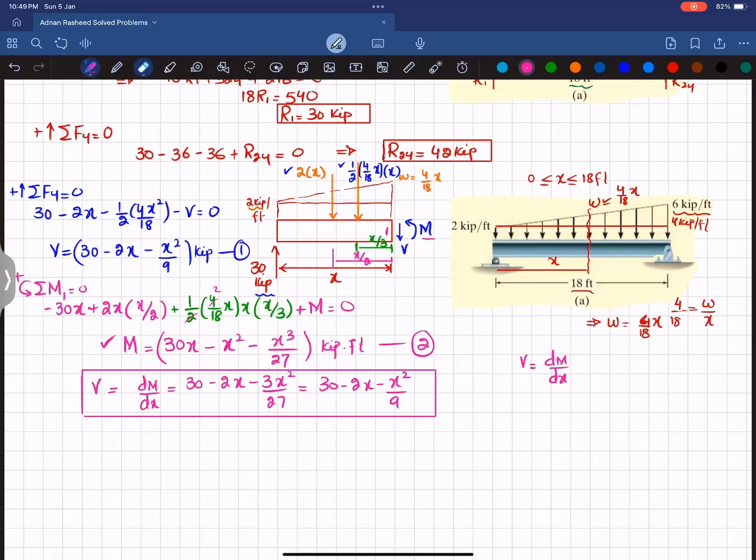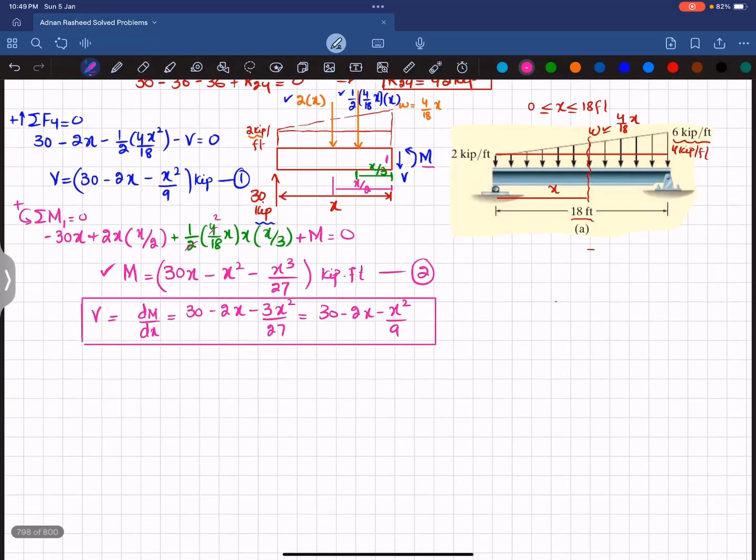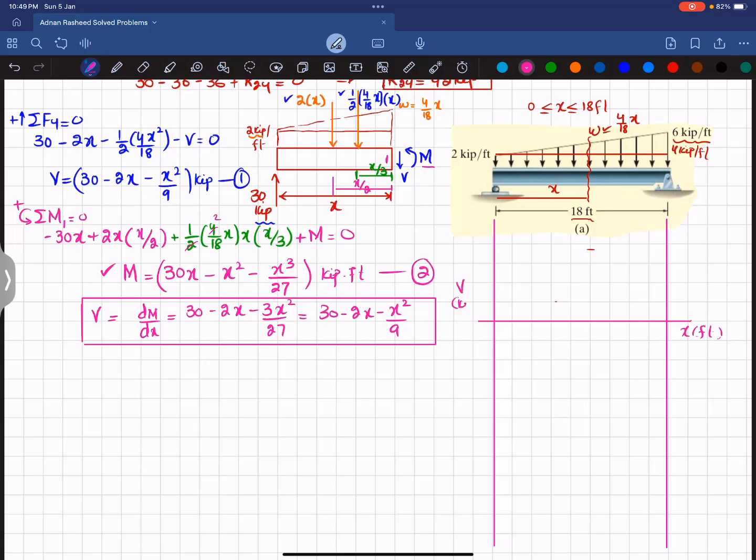Now moving to draw the shear force and bending moment diagram, we have both the equations, so we will draw a vertical line from the end of this beam, and first we will draw the shear force and then the bending moment diagram. For that I am drawing a horizontal line that shows x in feet, and on the y-axis you have shear force with units kips.